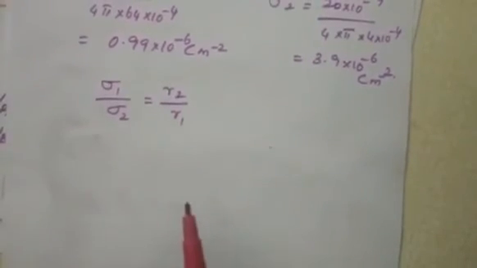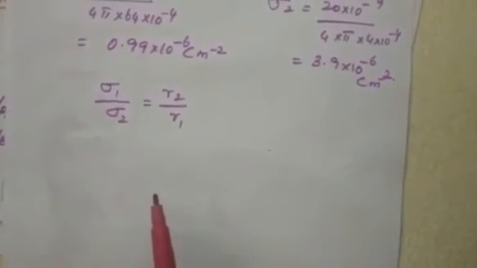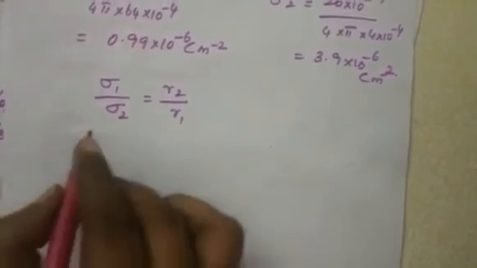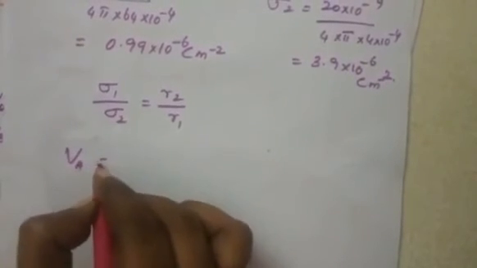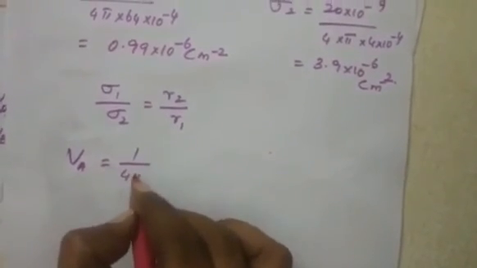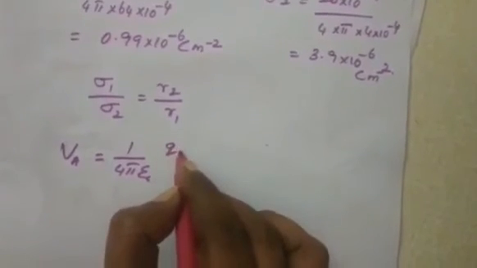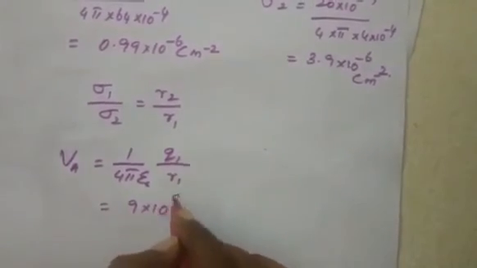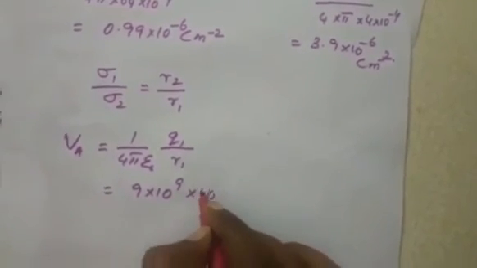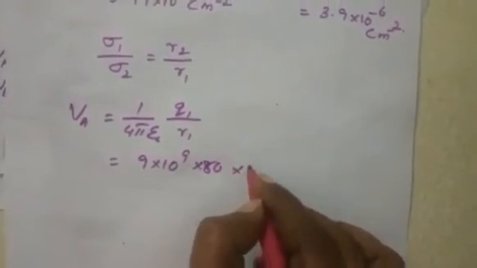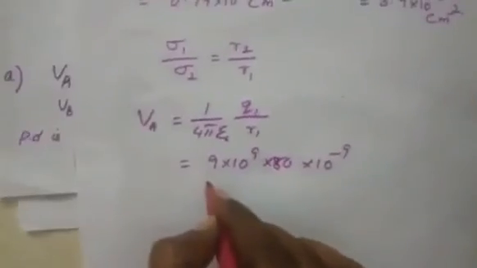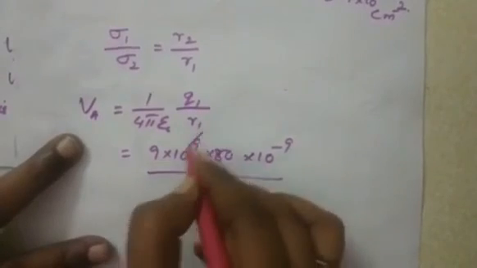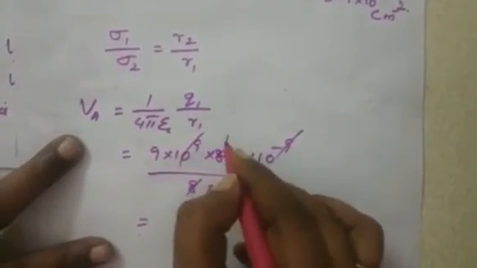The potential on both spheres is the same. So we can calculate the potential on any one of the spheres. So we are calculating for sphere A, VA, that is 1 by 4 pi epsilon naught Q1 divided by R1. That is equal to 9 into 10 power 9 into 80 into 10 power minus 9 divided by 8 into 10 power minus 2. 10 power 9, 10 power 9 cancel ஆயிரும். 8, 8 cancel ஆச்சுனா 10.